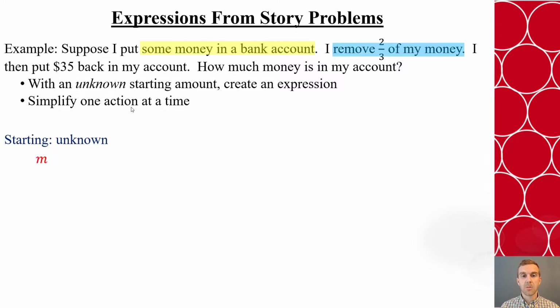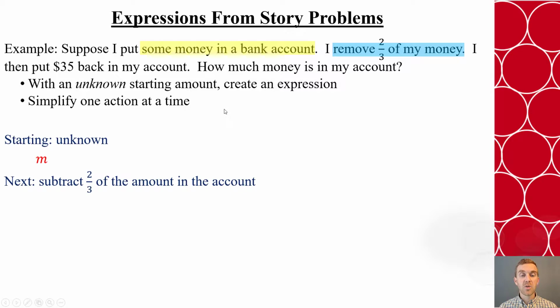In this case, I'm going to call it M. The next thing is I'm removing 2/3 of my money. So I am subtracting 2/3 of the amount in the account. That would be 1M minus 2/3 of M because that's the amount in the account. I would simplify that fraction and say that is 1/3 M.